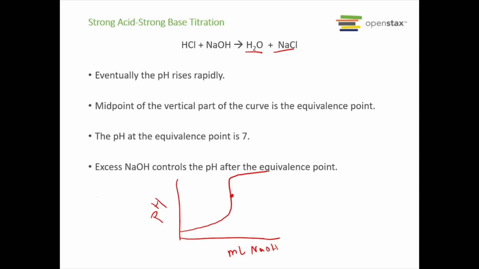The midpoint of this vertical section is the equivalence point. This is a pH of 7, and that's right when everything has been neutralized. After we go above the equivalence point, the pH is all controlled by the excess sodium hydroxide.